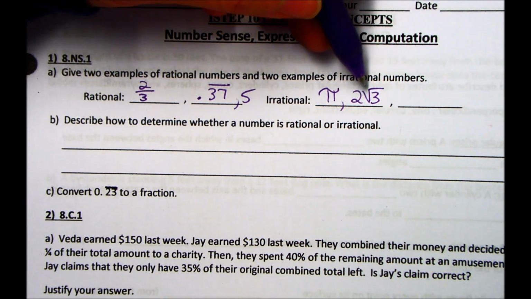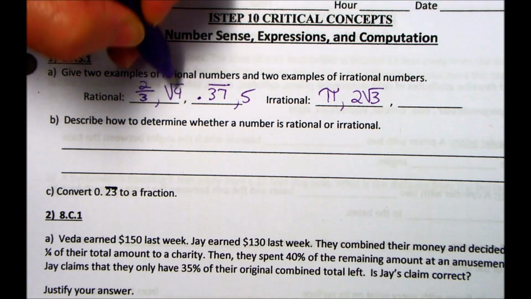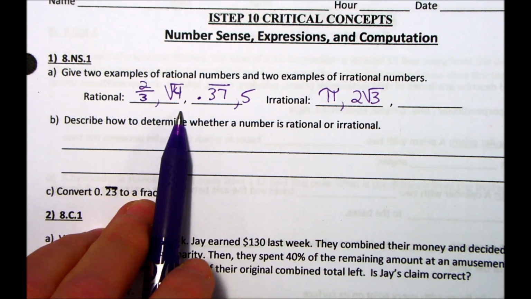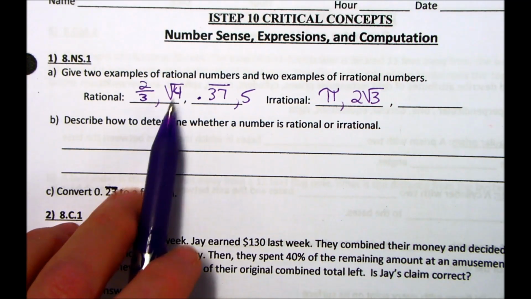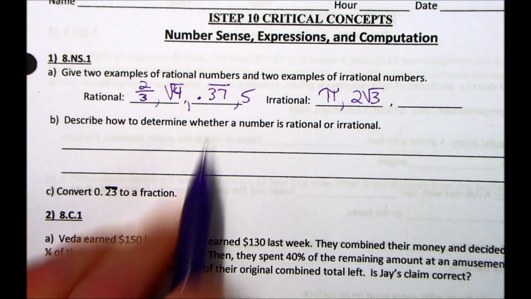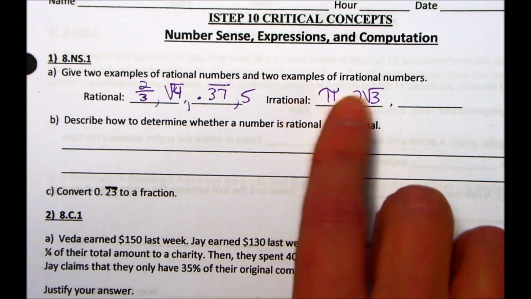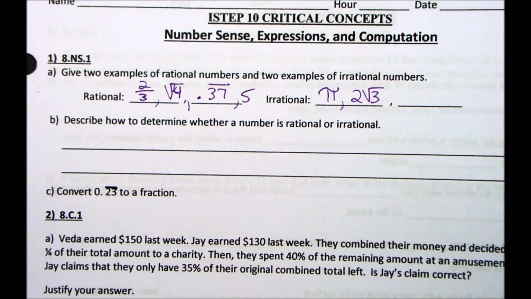However, if you did have a perfect square under the radical, for example, square root of 4, that would now be on the rational side because that's a perfect square and the square root of 4 does equal 2. So these are some examples of rational, and these are some examples of irrational.